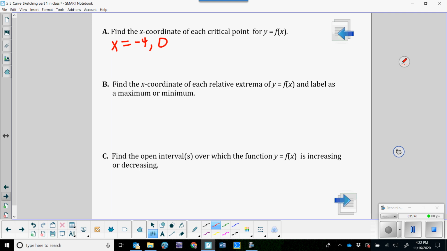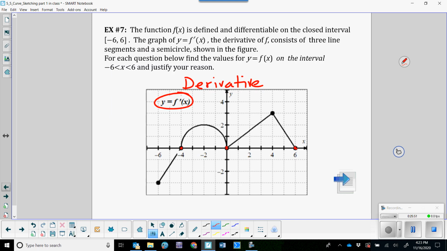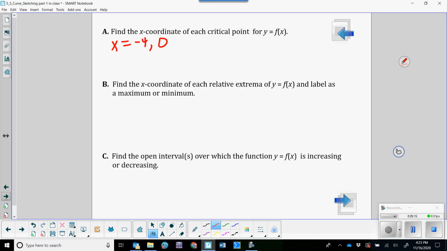Okay, then it says find the x-coordinate for each relative extrema and decide if they're max or mins. So again, we won't count that one, but if this and this are your critical points, and this is f prime, it's going from negative to positive here and positive to positive there. So you're not going to have any kind of relative extrema anywhere except at -4, where it changes from negative to positive.